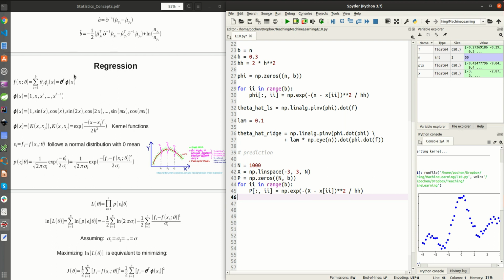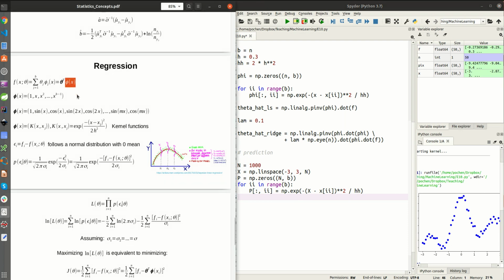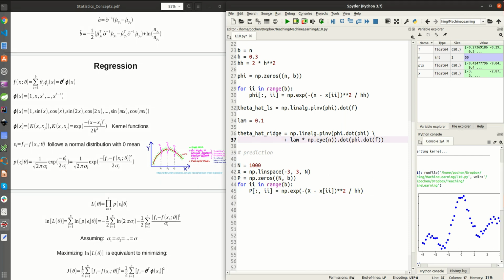And this phi matrix is gonna be the same, but the prediction value is gonna depend upon what kind of optimal theta we're gonna use, right? We have two theta values. One is the least square result, and the other one is the ridge regression result, right? So we'll have to actually make two predictions. Capital F LS, the least square fit, is going to equal capital P dot theta hat LS, right?